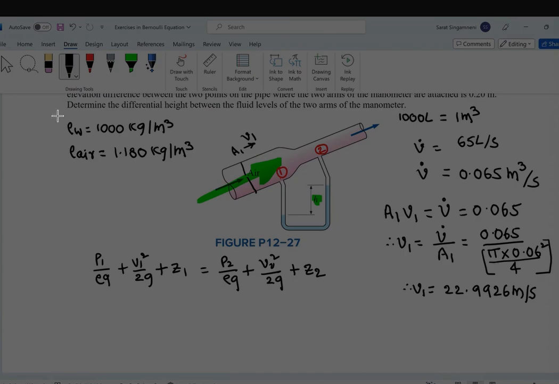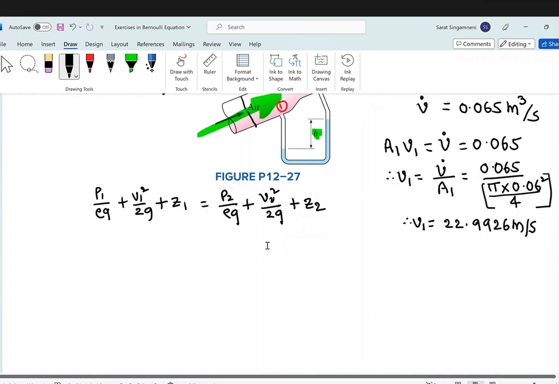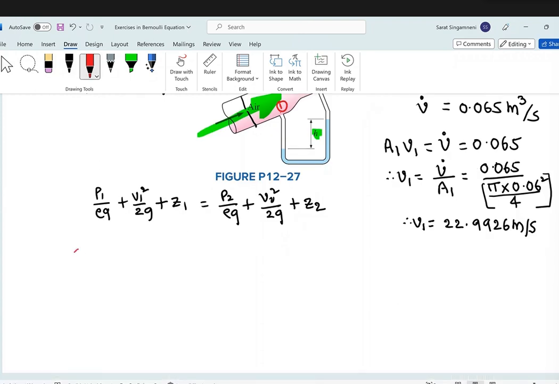But we also can calculate the velocity at point 2 by using what we call the continuity equation. Do you remember what it is? Continuity equation: the total mass of the fluid that is flowing should be the same at any section.